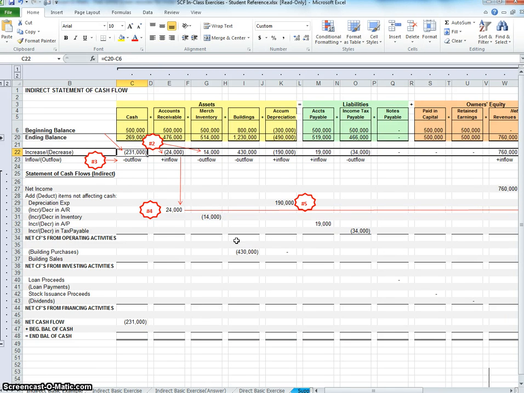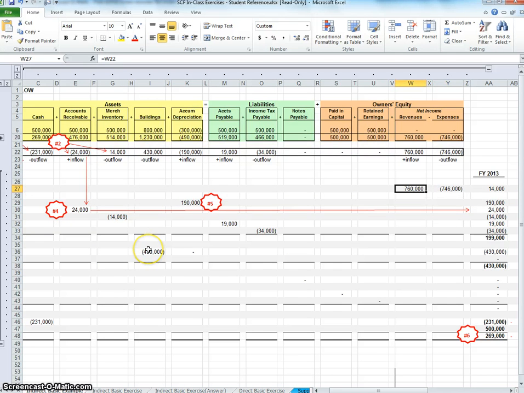That 231,000 that I mentioned earlier is the change in cash. I'm going to drop that to the line net cash flow. And that's the net income line that you saw in the statement of cash flows. I'm going to drop my revenues minus my expenses, and that nets into the net cash flow.